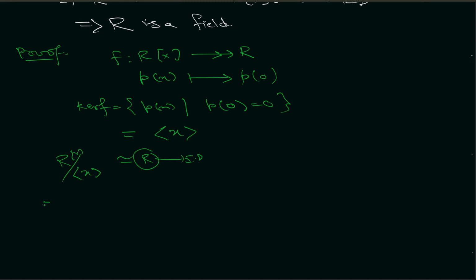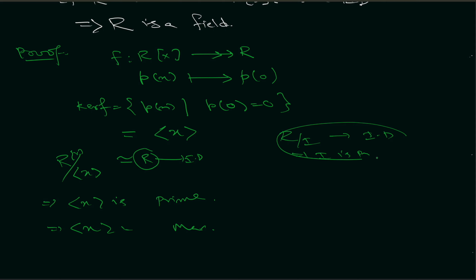So this means that the ideal generated by x is prime, because R[x] by the ideal generated by x is isomorphic to R, which is an integral domain.